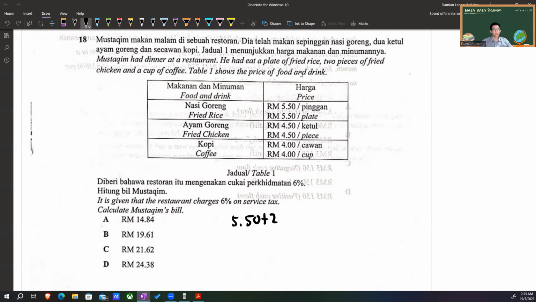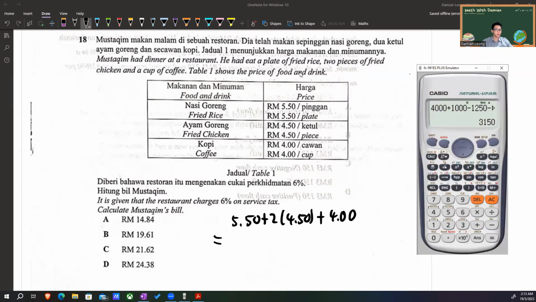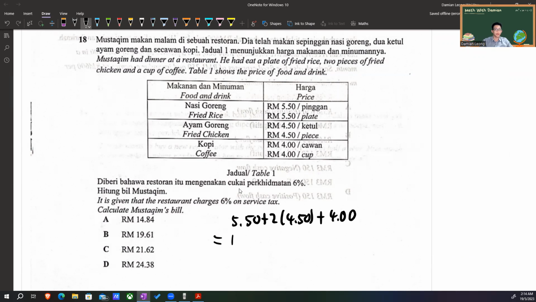I find the total first. 5.5 plus 2 times 4.5 plus 4, which is 18.5. That's before tax. The tax is 6%, so I just need to count 106%. But if you want, you can count 6% of that first.